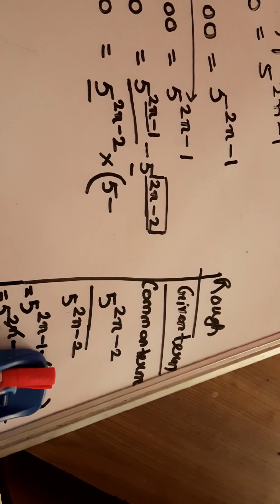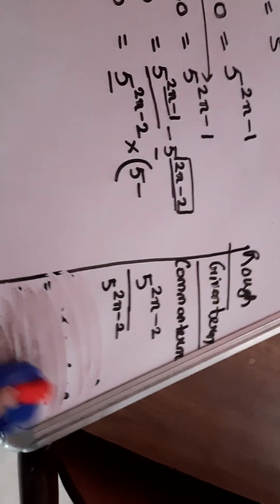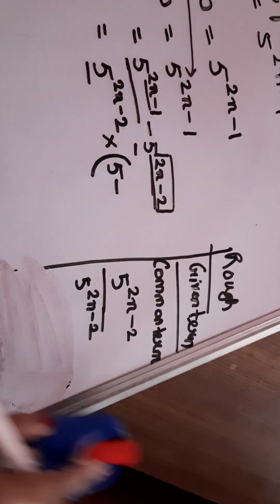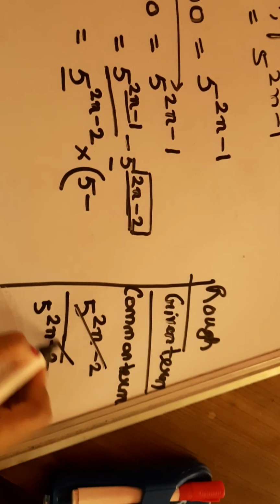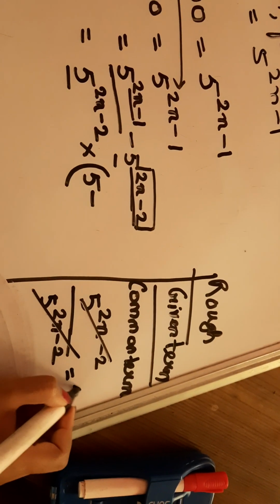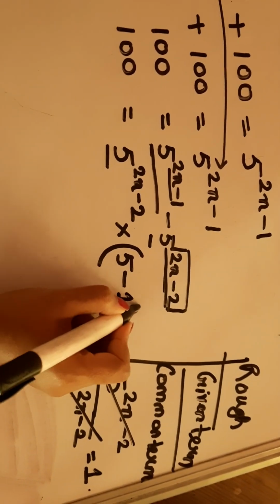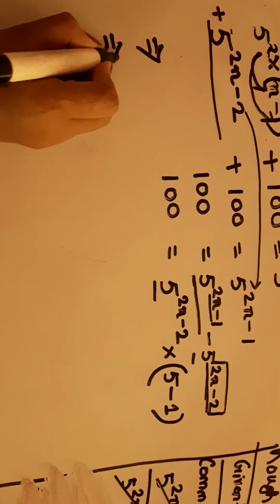Now over here what we can do? We don't need to solve it anymore because both the terms are over here the same, right? So this and this will get cancelled, so we will get 1. So we will write 5 minus 1. Clear?